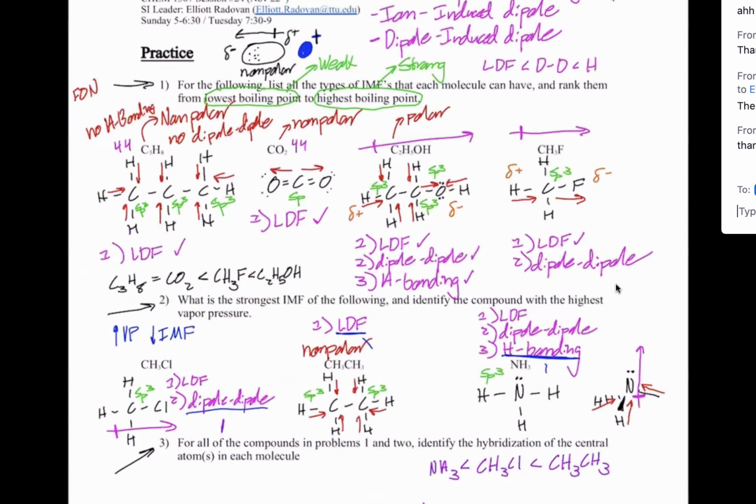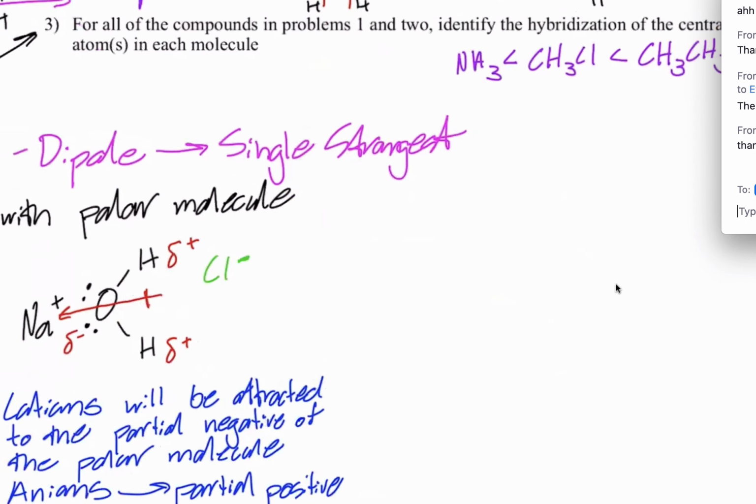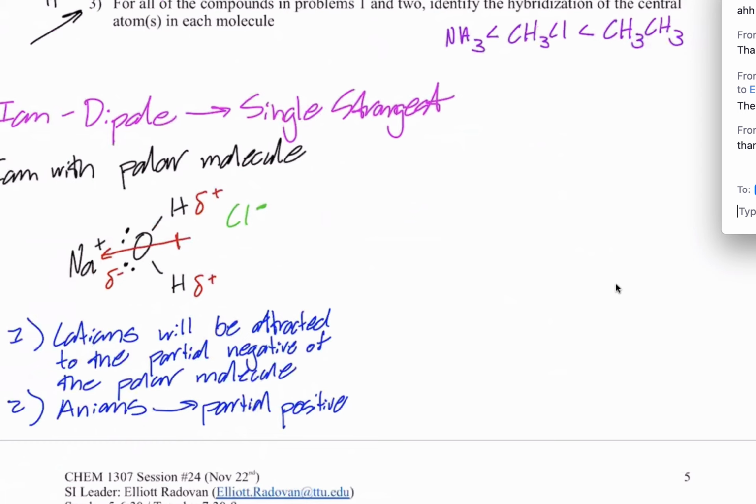So next up, what was the next one? It was ion induced dipole. Okay, so ion induced dipole.